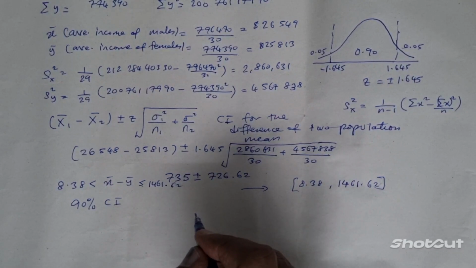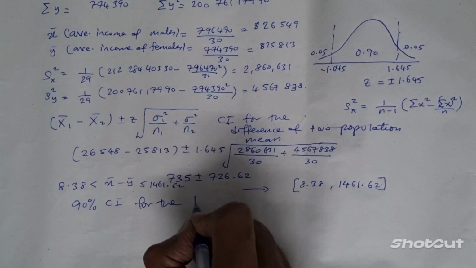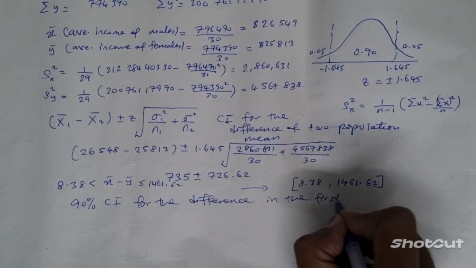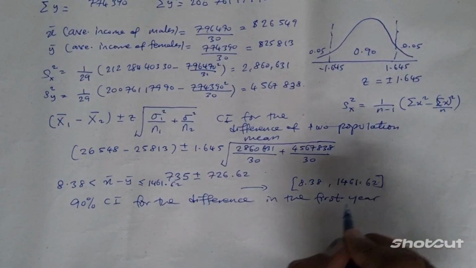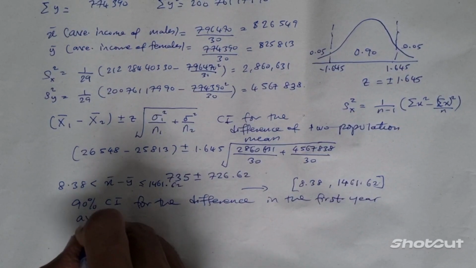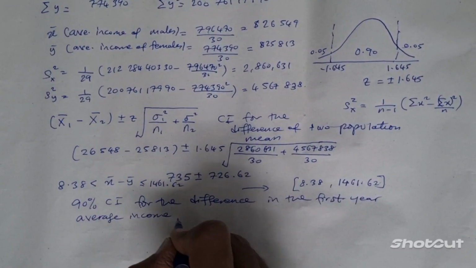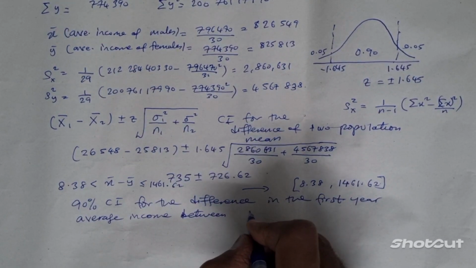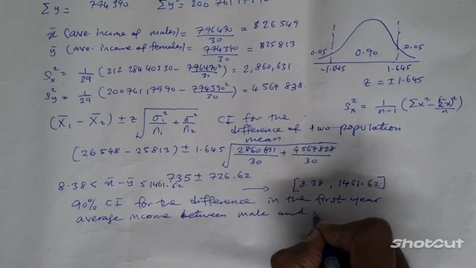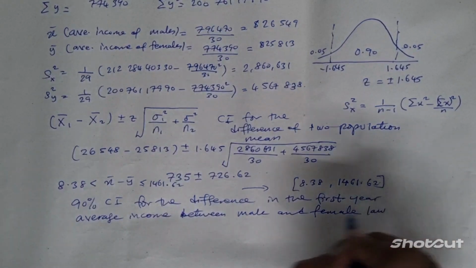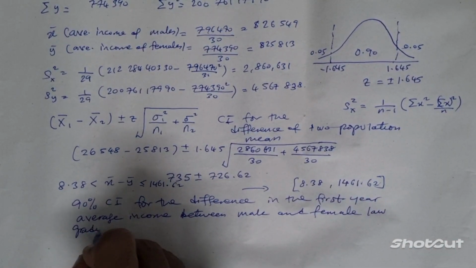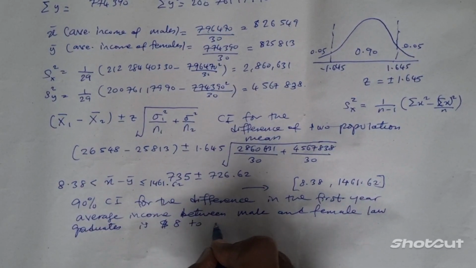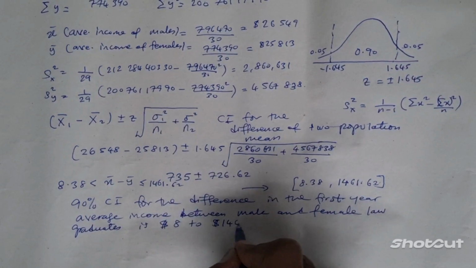We can say the confidence interval for the difference in the first year average income between male and female law graduates is $8 to $1,462.